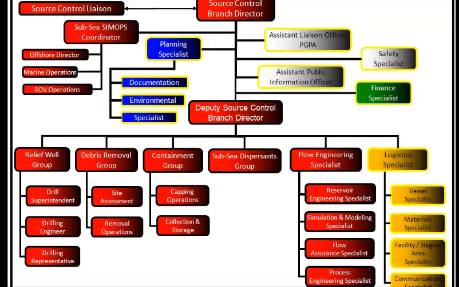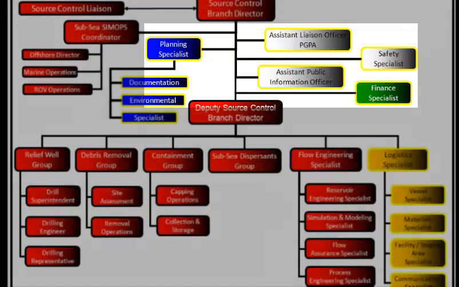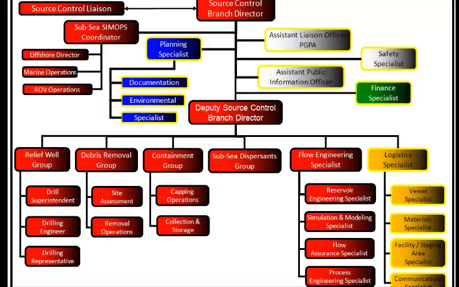You can see how the various groups under that are organized, and basically a lot of them kind of mirror the organization above, the general ICS organization. So they have a liaison, a public information officer, a safety, a finance specialist, logistics, and planning specialist, and you can see it depicted in basically the same colors as the original chart was.